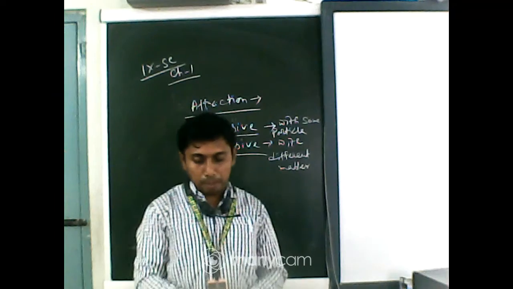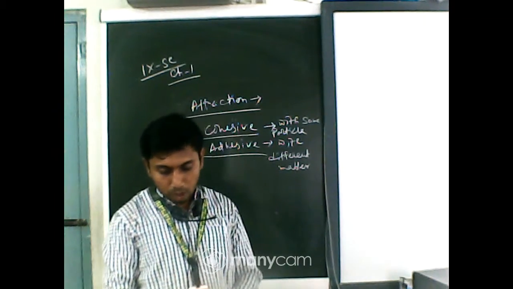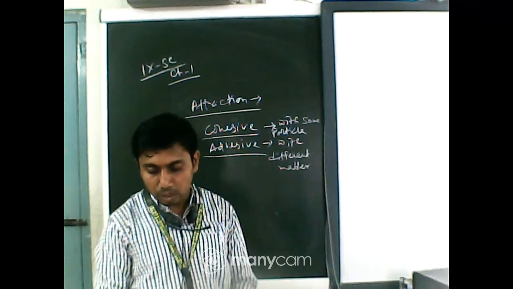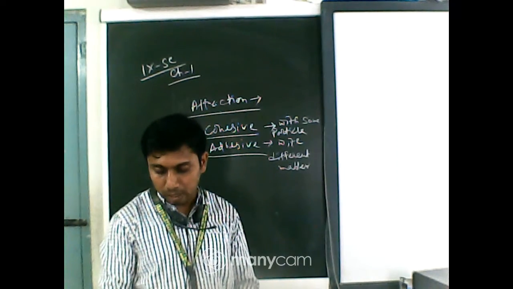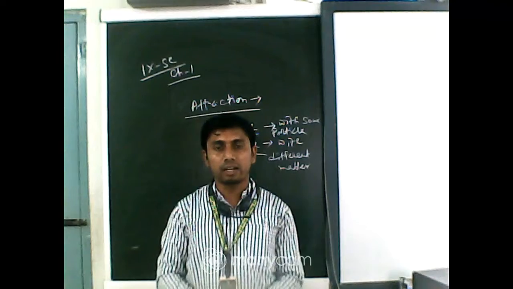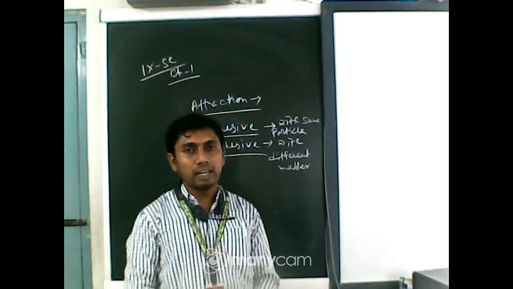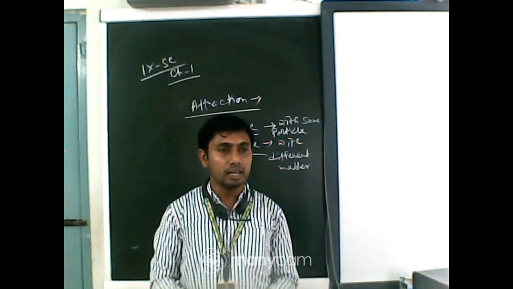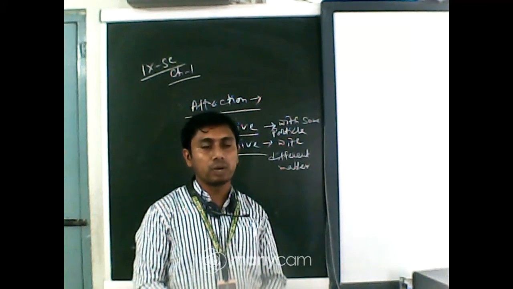So what is the sum up of that part? First of all, particles of matter have space in between them. Next, particles of matter are continuously moving. Particles of matter attract each other. Why do they attract each other? This is due to some polarity gain, and this is broadly called cohesive force.